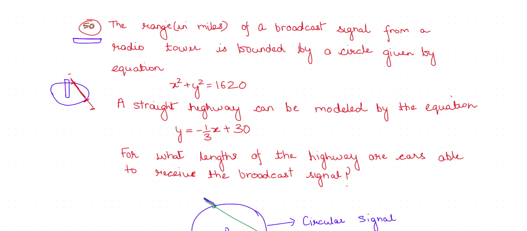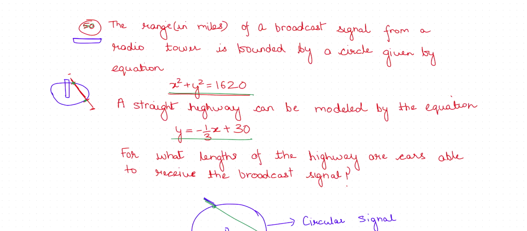So basically, we have to find the intersection of this equation and this equation, where we will get this point and this point. Cars can receive the signal where the straight highway intersects the circular boundary.